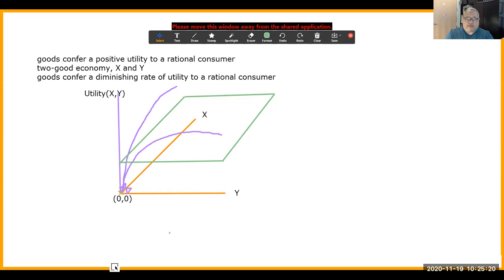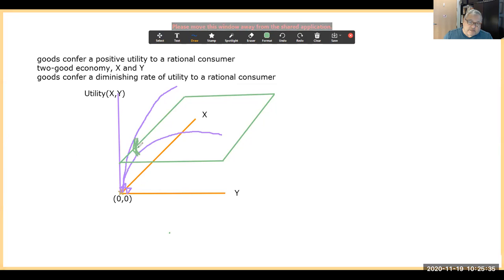That's called a plane. And this plane creates a cut on this purple surface.